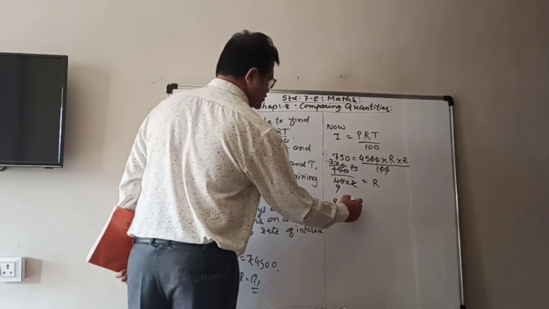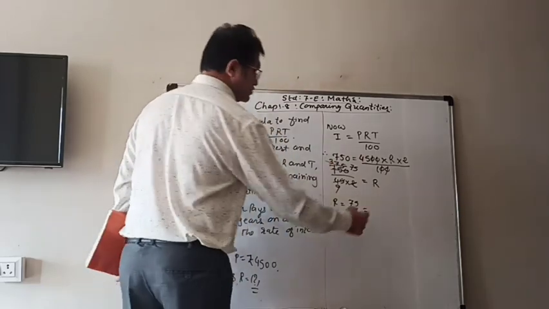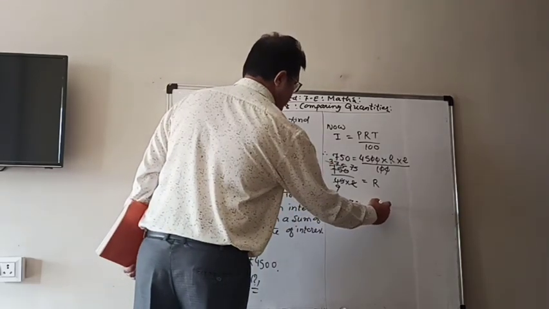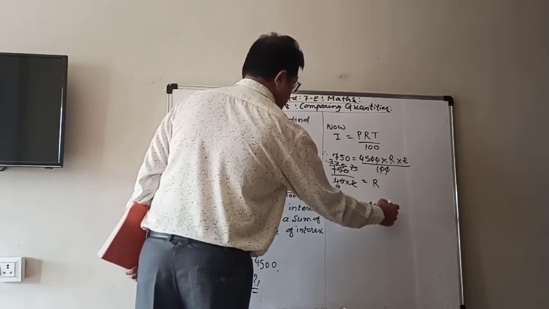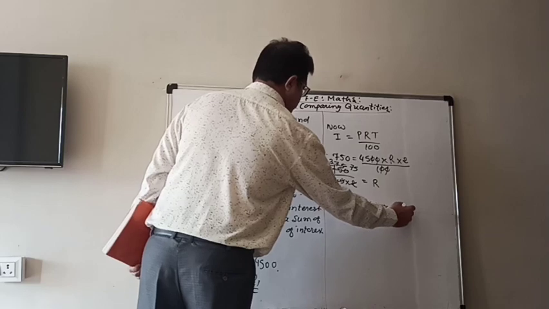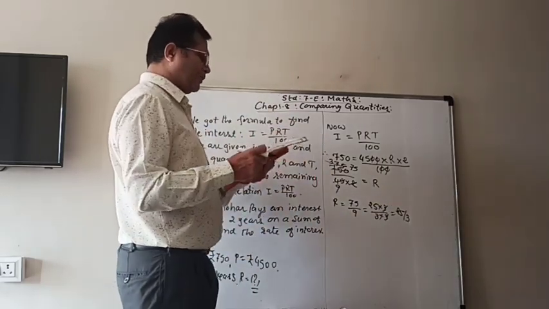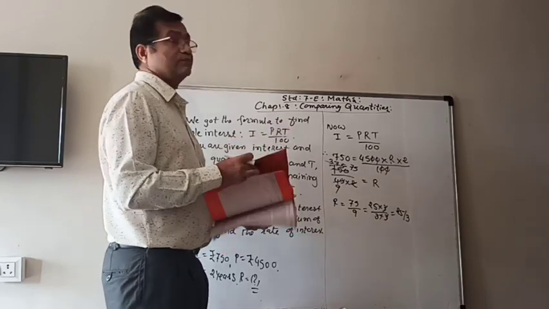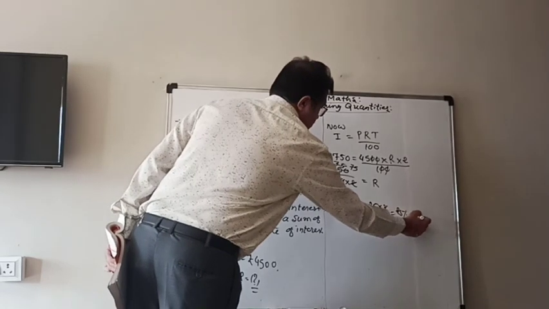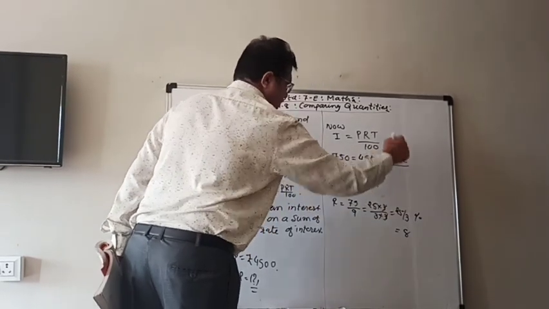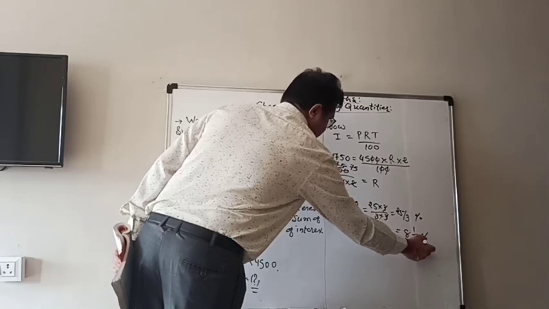So R is equal to 75 upon 9. Still we can do the cancellation. 25 3s are 75 and 3 3s are 9. So 25 upon 3. Now if it is 25 upon 3, then we have to convert it into a mixed fraction. So 3 8s are 24, 1 remaining. So 8 and 1 upon 3%.